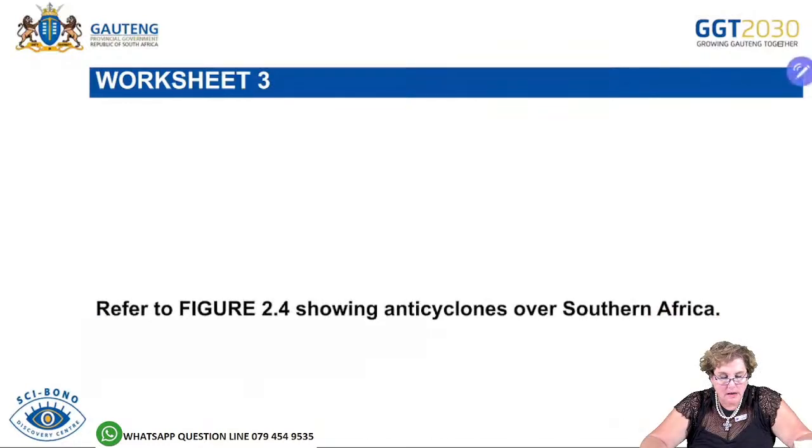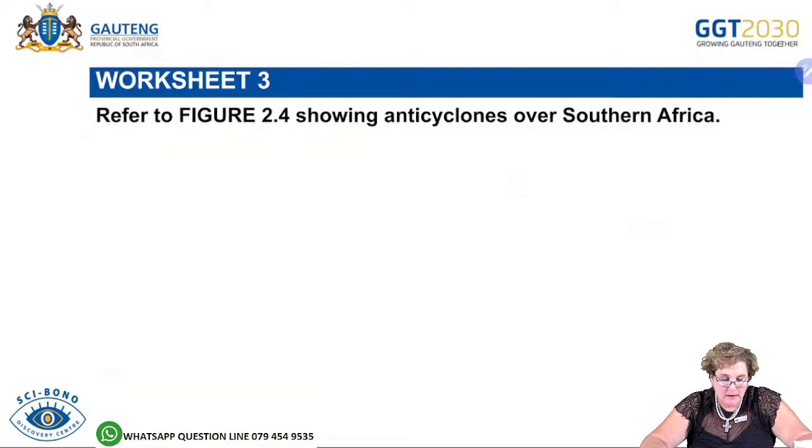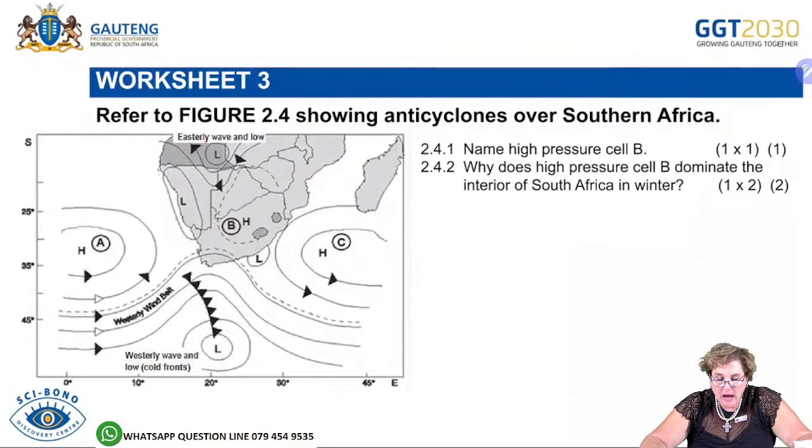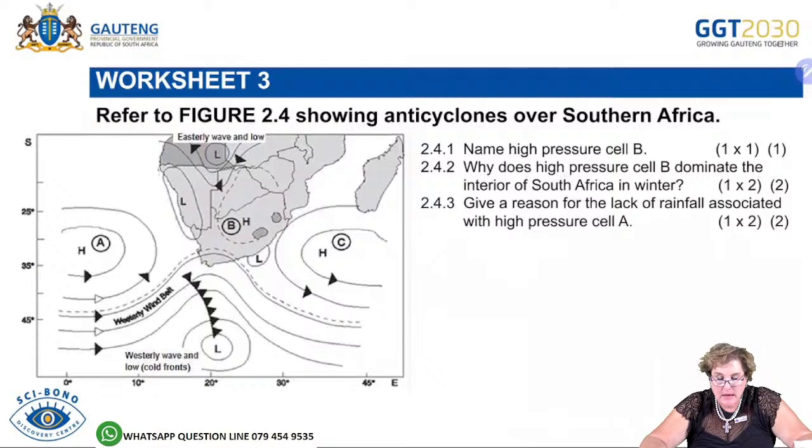Let's go on. Now we come to worksheet 3. Here we give you this diagram on anticyclones over South Africa, and here I am giving you the questions. Name the high pressure cell B. Why does high pressure cell B dominate the interior of South Africa in winter?